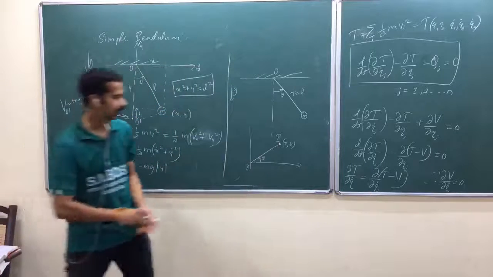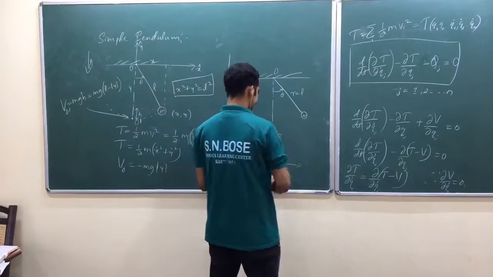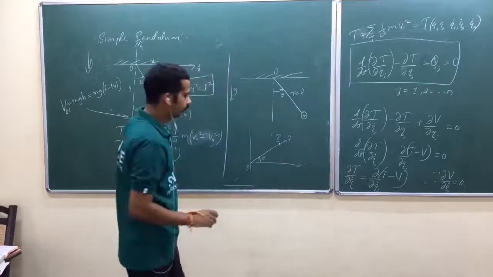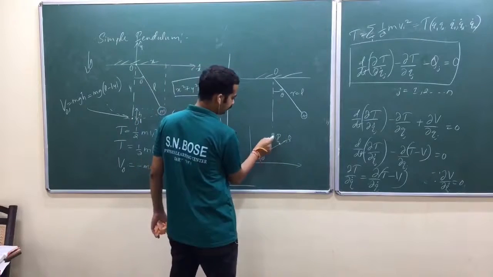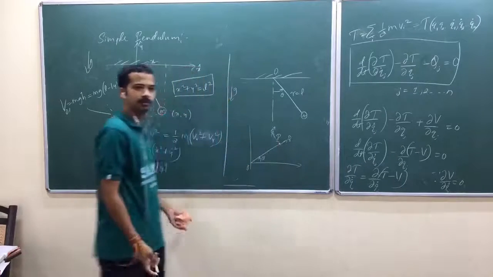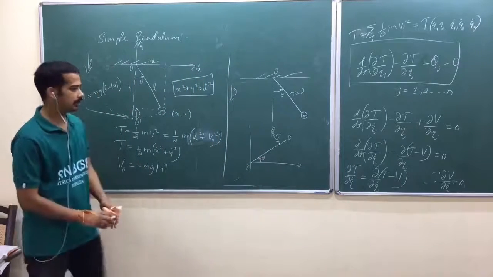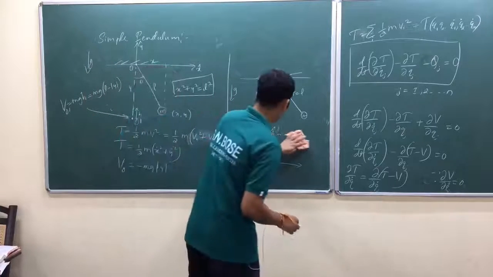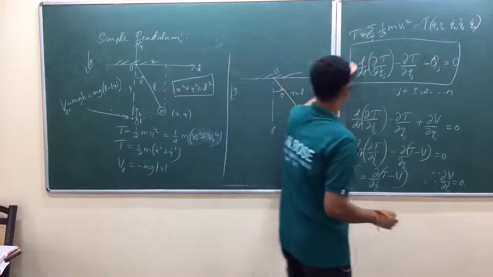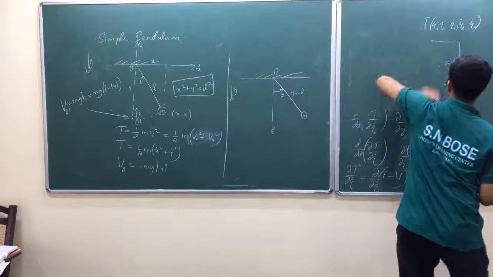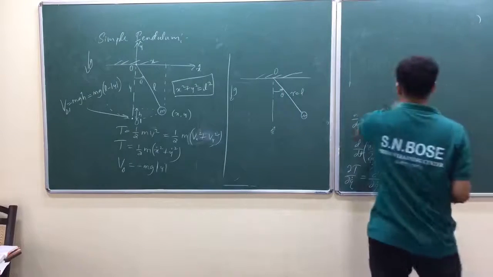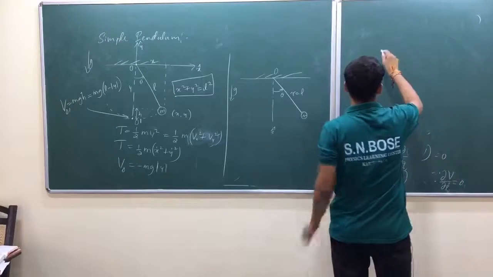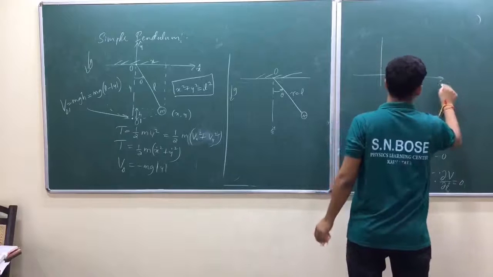Now, how do you define r cap? This is your r cap. How do you define theta cap? Perpendicular to r cap. And again, r cap and theta cap will vary when you change the point, okay? It is better to have it here, the plane polar coordinate, because we haven't covered much about it.